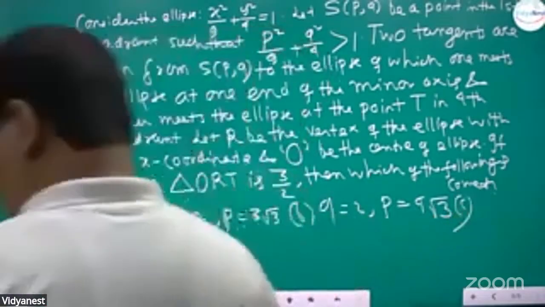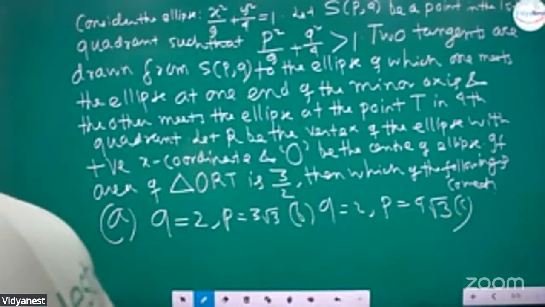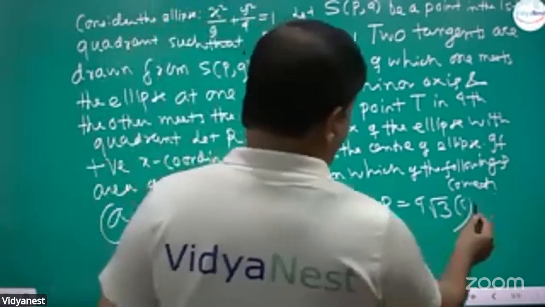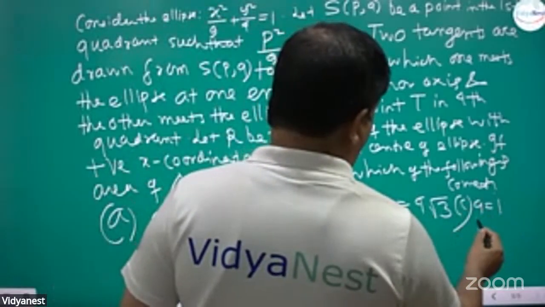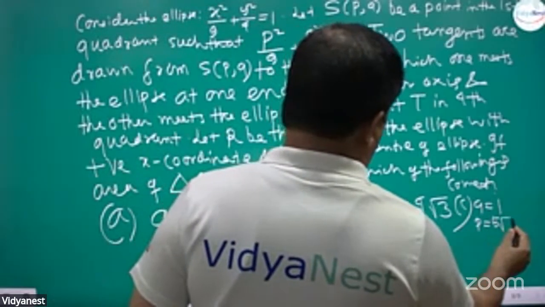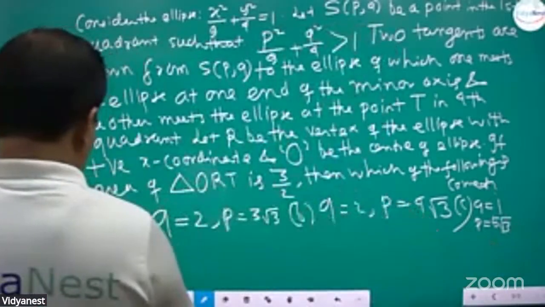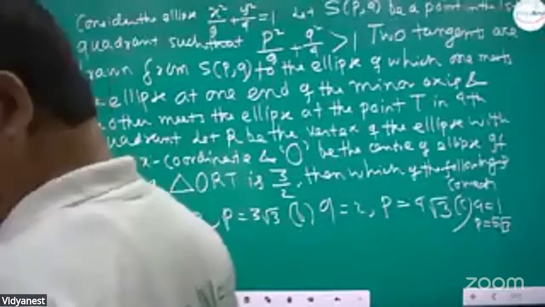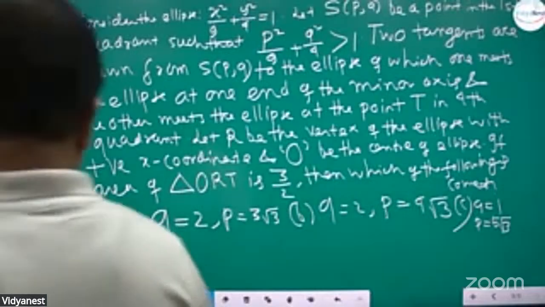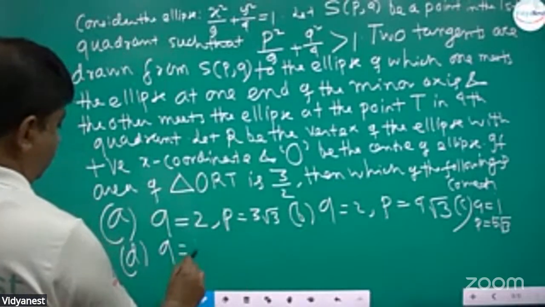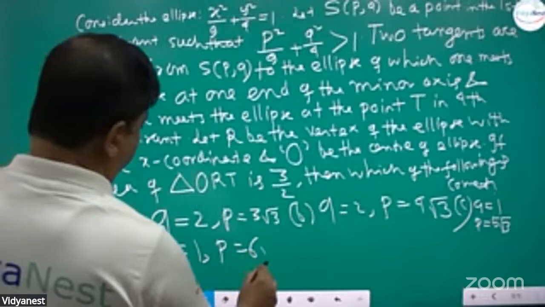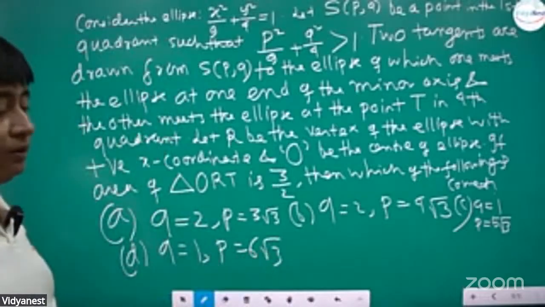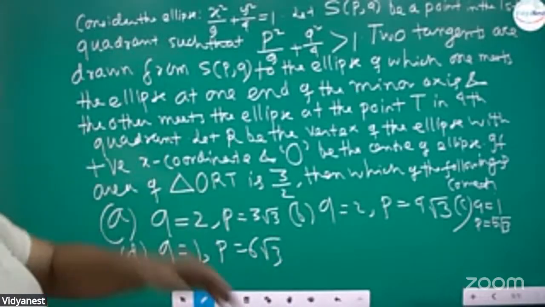Option C, Q1 P 5 root 3. Option D, Q1 P 6 root 3. So, it is essay type question.